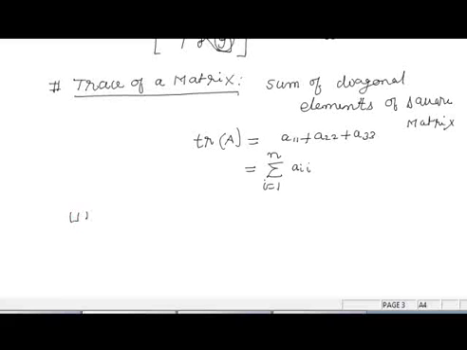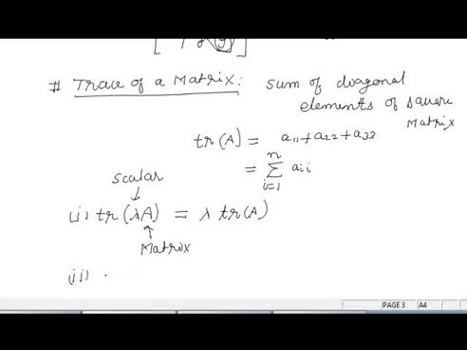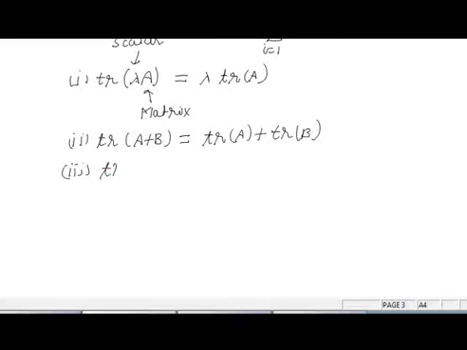There are certain properties of the trace of the matrix. Trace of lambda times A, where lambda is a scalar and A is the matrix, is nothing but lambda times the trace of A. The second property is the trace of A plus B, the summation of two matrices, is nothing but the trace of matrix A plus the trace of matrix B. And the third property: the trace of matrix AB is nothing but the trace of matrix BA.